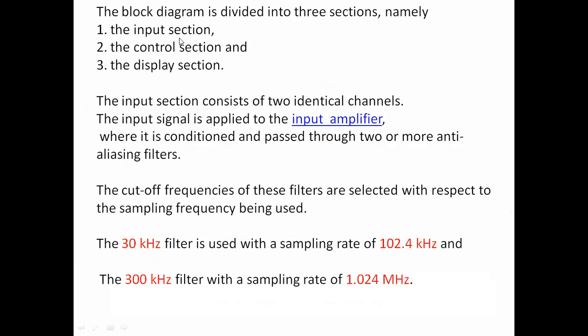So here it is given what we discussed in the previous block diagram. The block diagram is divided into three sections. That is input section, control section, and display section. The input section consists of two channels. So we are seeing channel 1, channel 2. The input signal is applied to the input amplifier, where it is conditioned and passed through two or more anti-aliasing filters.